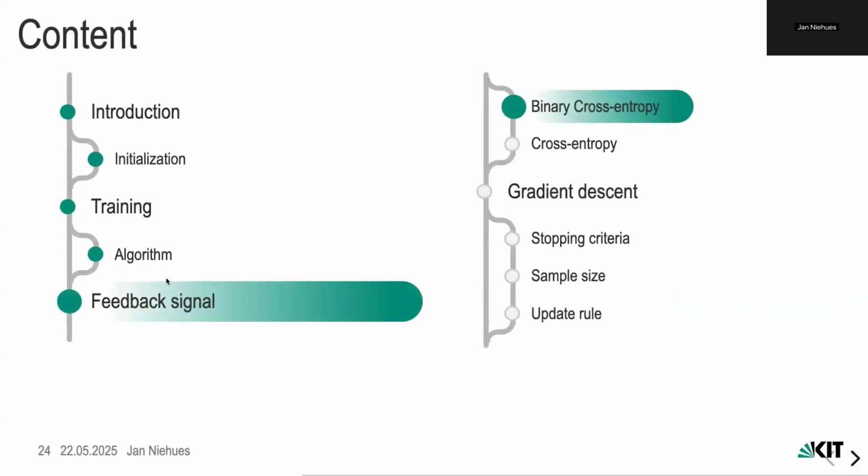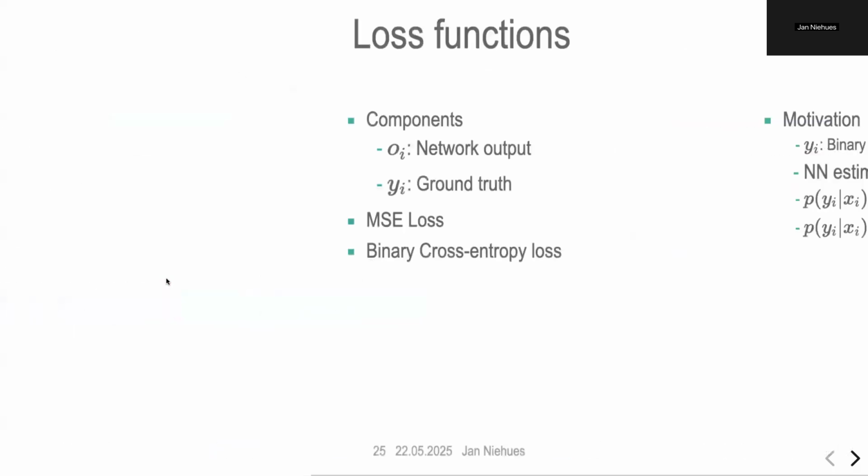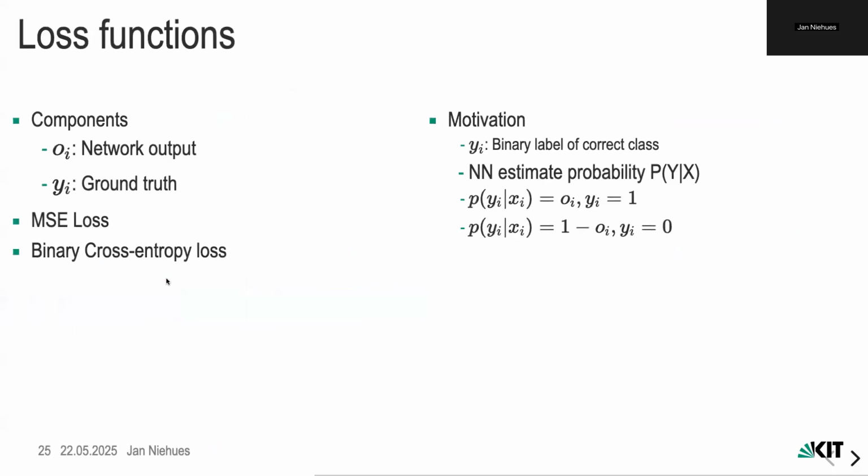Okay, and therefore we'll also look into how we represent the output. So the first thing is the binary cross entropy. Where is binary cross entropy typically used? Just imagine you have a binary value at your output, and your network should somehow optimize the probability of this label given x.